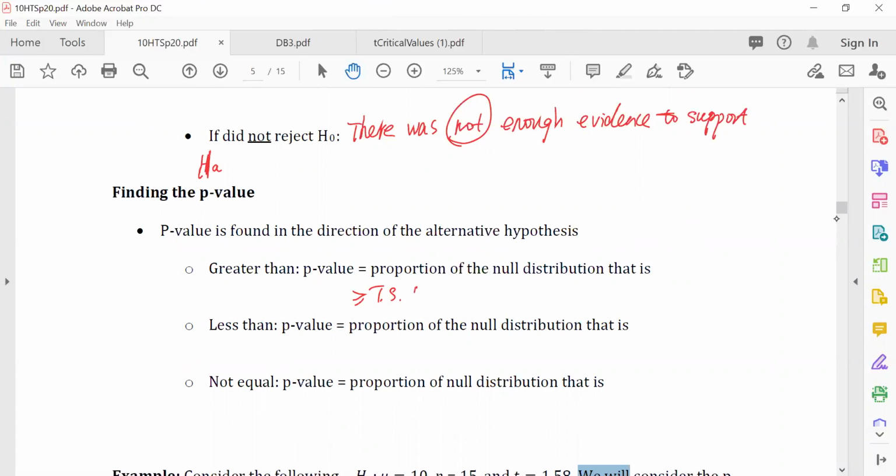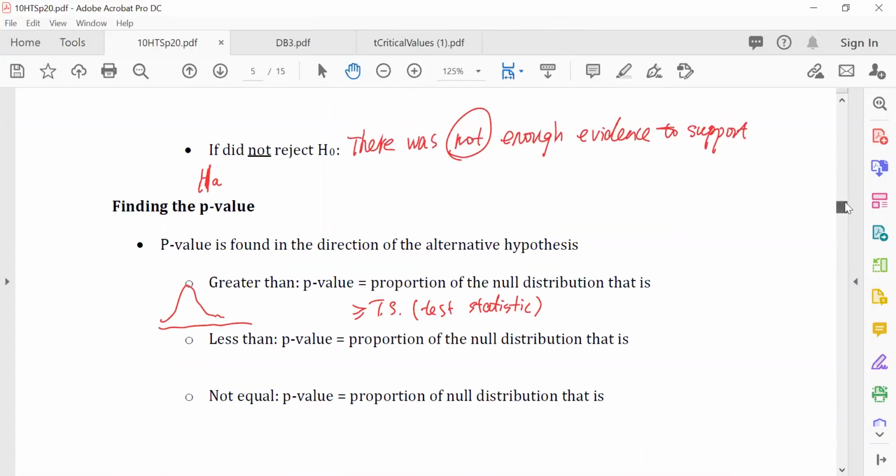So the TS is short for test statistic. If our null distribution looks like this, do you guys still remember what is null distribution?